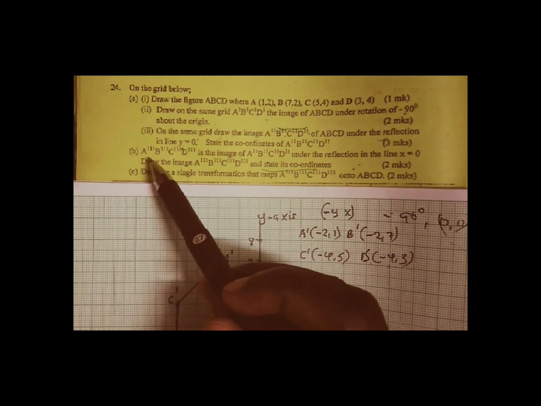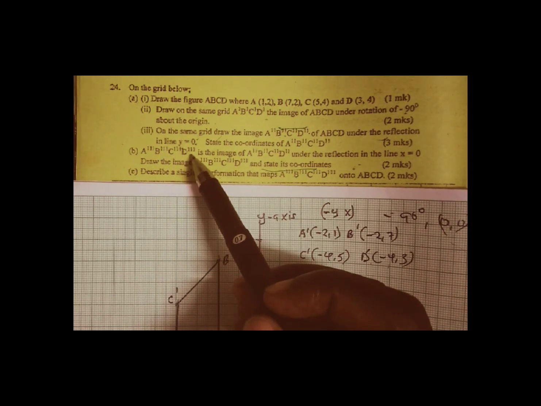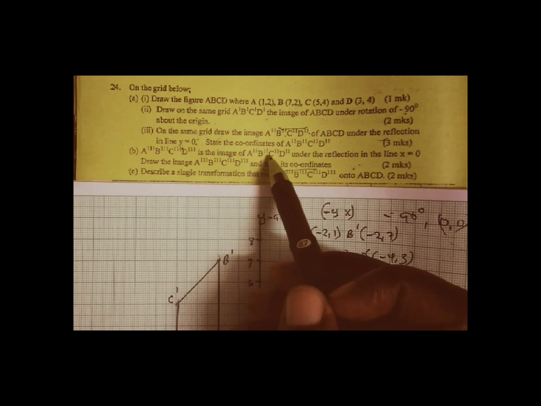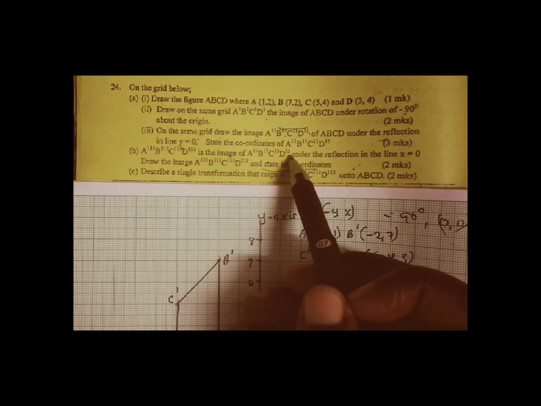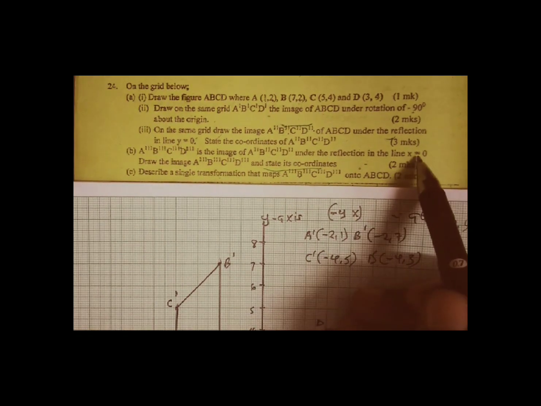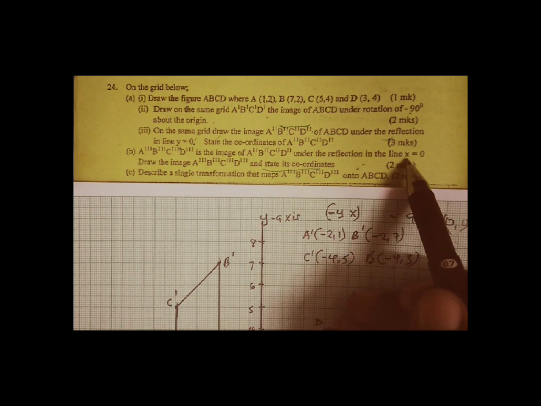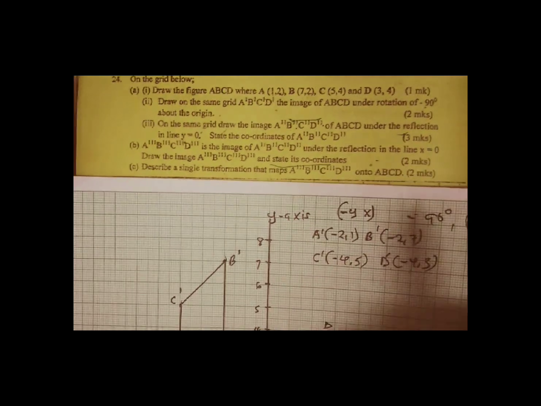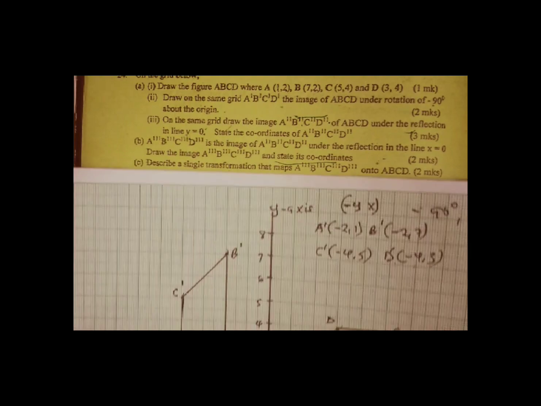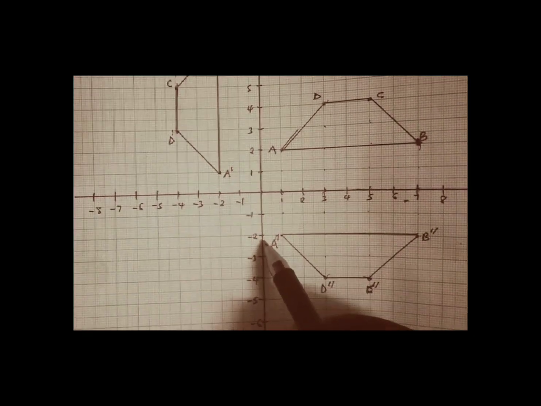B, we have A triple prime, B, C, D triple prime is the image of A double prime, B double prime, C double prime, D double prime under a reflection in the line x equals 0, and in this case x equals 0 is the y-axis, and therefore we are going to simply use the y-axis as the mirror line.